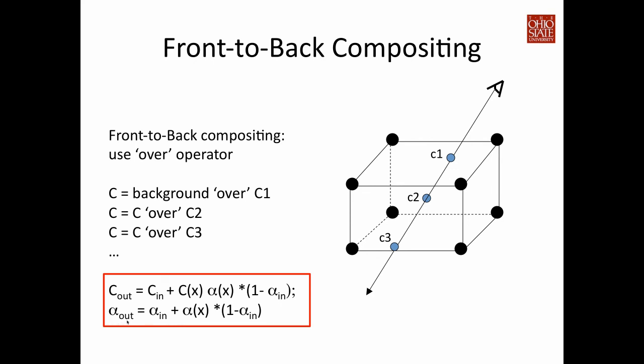There's no point in continuing because future samples will not contribute to the final image at all. Why? Because you look at this 1 minus alpha in, and 1 minus 1 equals 0. So the new sample will always be excluded from contributing to the image. Same thing for alpha: if the accumulated alpha is already 1, 1 minus 1 equals 0, and you're not going to add any new contribution to the accumulated alpha. Okay, so this concludes the discrete implementation of the volume rendering algorithm.